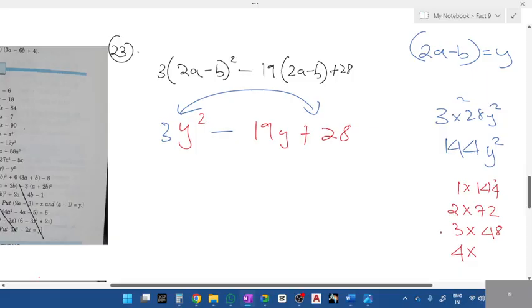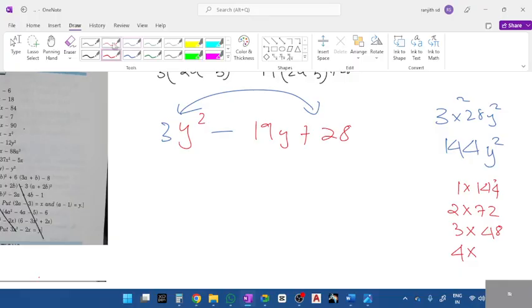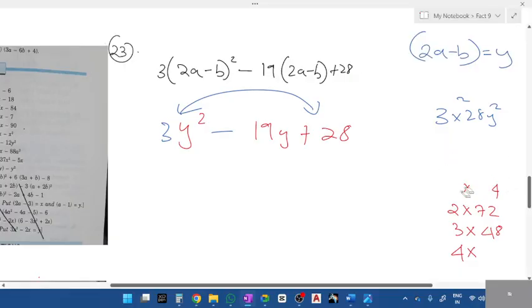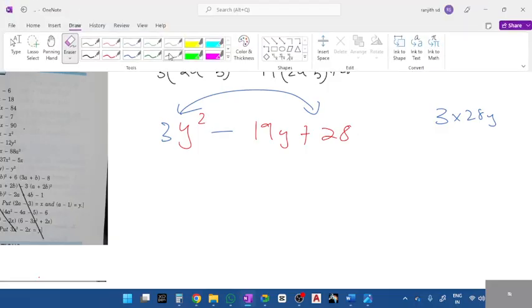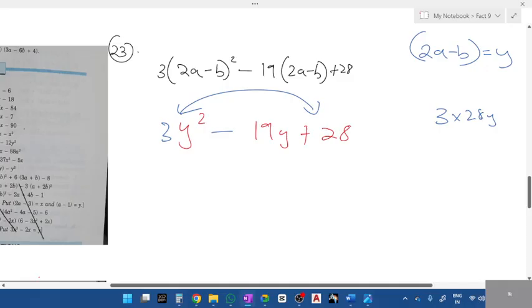Sorry, it is wrong, students. What I've done is wrong. Why did I write 144? 28 into 3. What's 28 into 3? Yeah, 84. Sorry, factor is 84. 1 into 84.